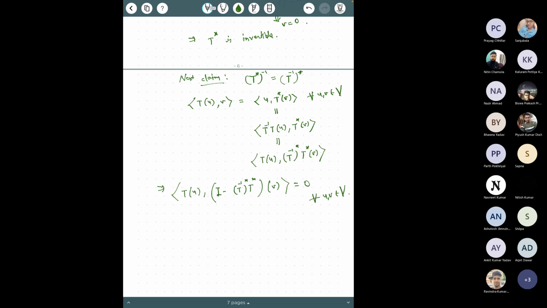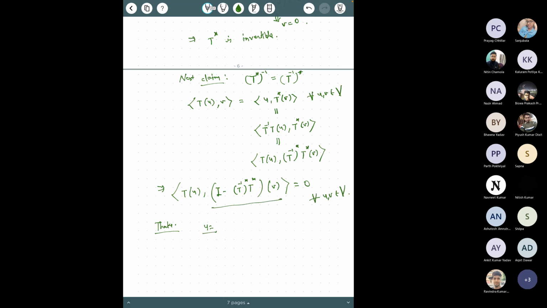So in particular, if I fix my T, fix my v, what should I take u to be so that I can say that this is equal to this? What I'm trying to do here is, since this expression is true for all u and v, I will choose u in a particular way so that this quantity is 0.